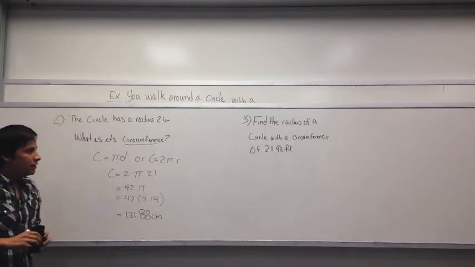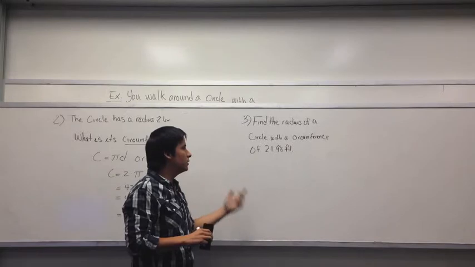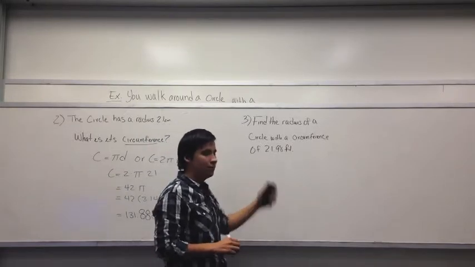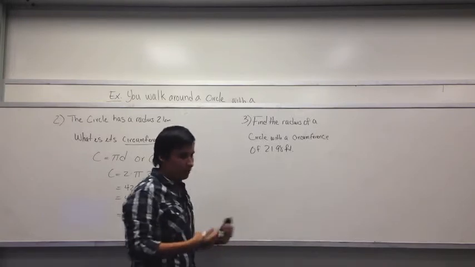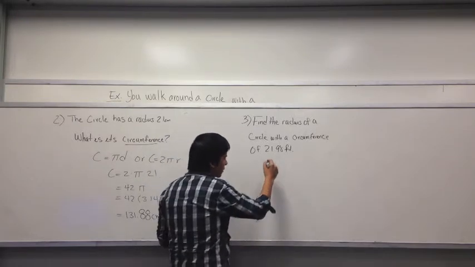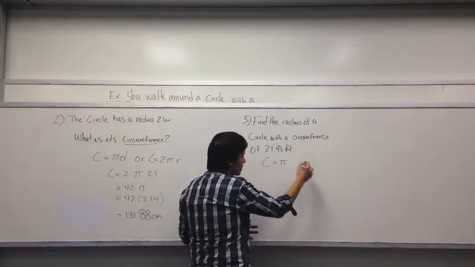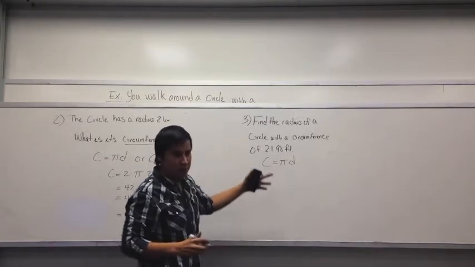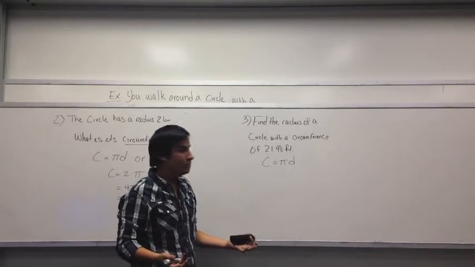And for our last example, we're going to find the radius of a circle with a circumference of 21.98 feet. For this problem, we have to work it differently. We're going to use the formula C is equal to pi times D, because we don't know our radius and we don't know our diameter.